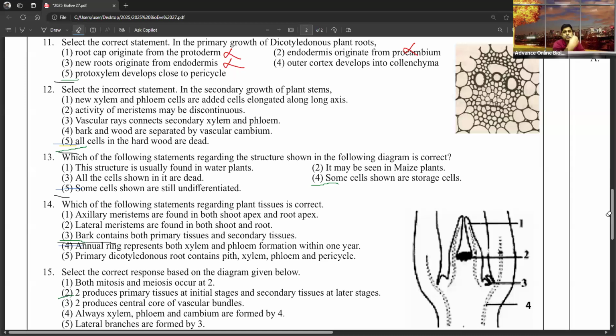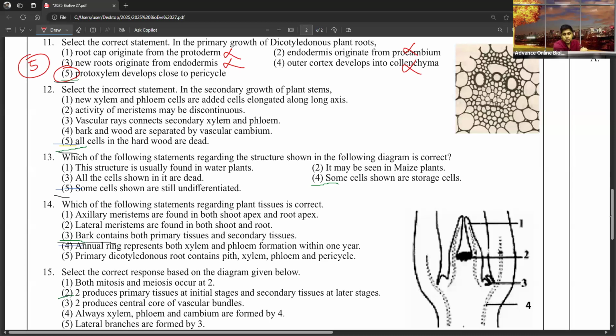Protoxylem develops close to the pericycle. Outer cortex develops into collenchyma? No collenchyma in the root, no? Wrong. So the fifth one is the answer. Protoxylem closer to the pericycle.